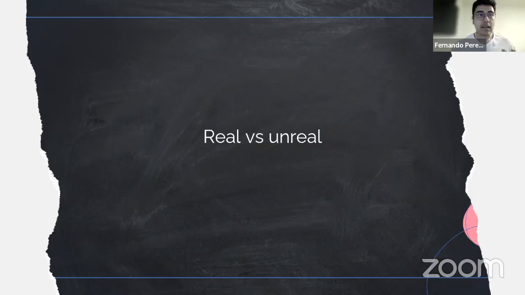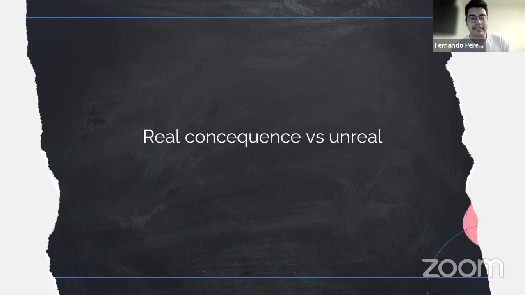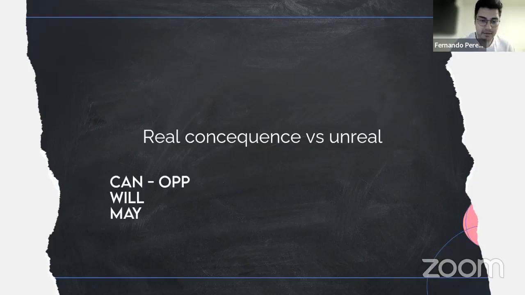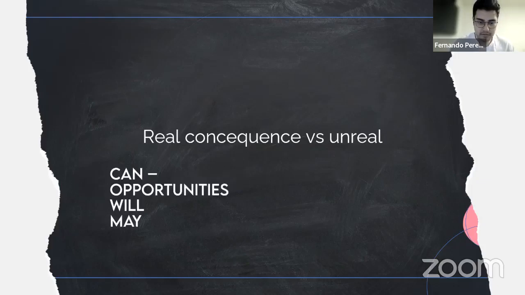A real consequence is something that can happen. Actually, I'm going to introduce can, will, and may. They talk about real consequences because can gives you the opportunity or ability.